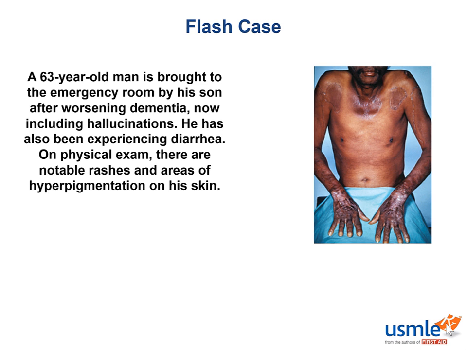Let's go back to our flash case. Did you think of a cofactor that may be missing? Remember, B1, B2, B3, B5, and lipoic acid. Here's a hint. He has dementia, diarrhea, and dermatitis, the 3 Ds of vitamin B3, or niacin deficiency, also known as pellagra.